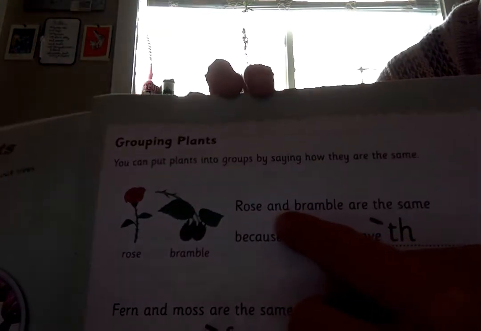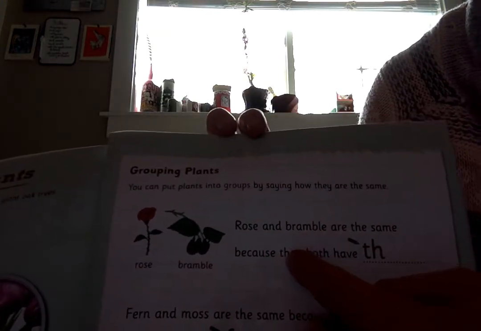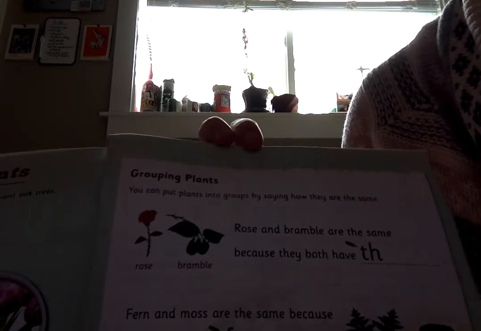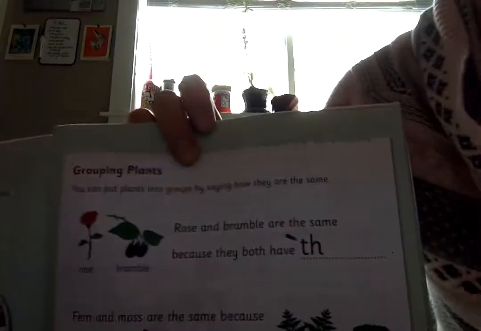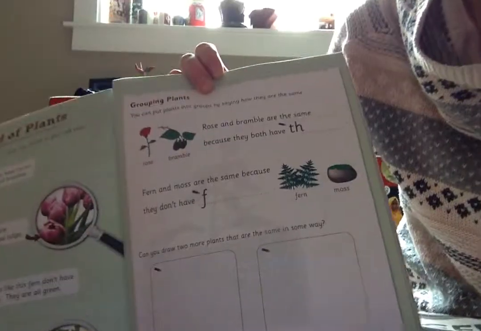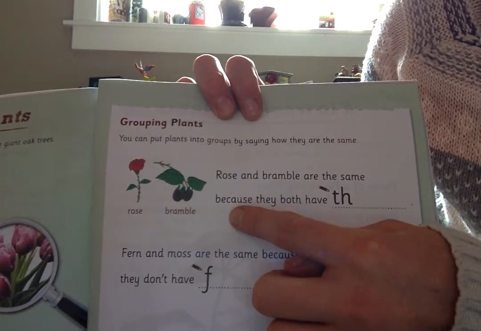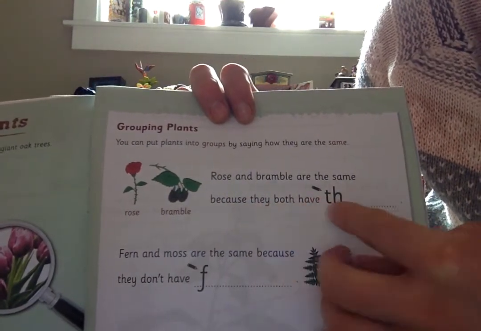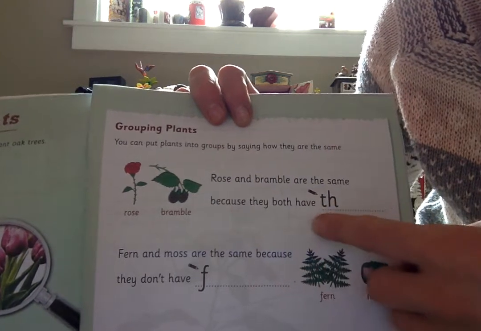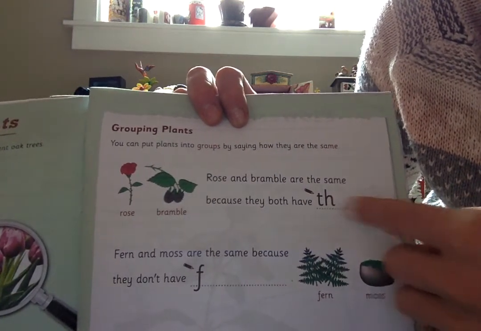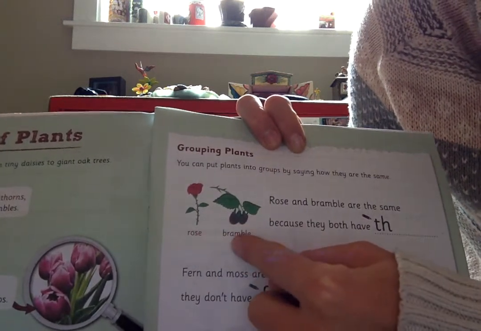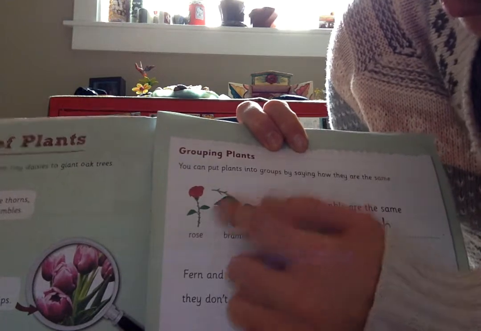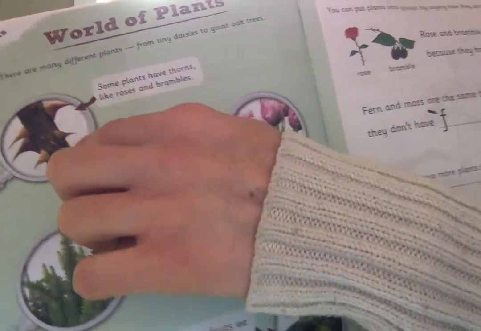Rose and bramble are the same because they both have, what word would be here to finish this, right? So you see this rose and you see a bramble. What do you see on the stem? Remember these? Yep.